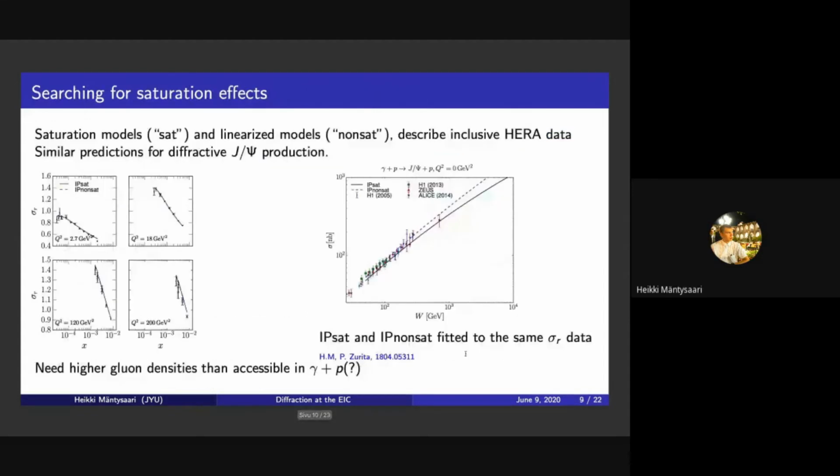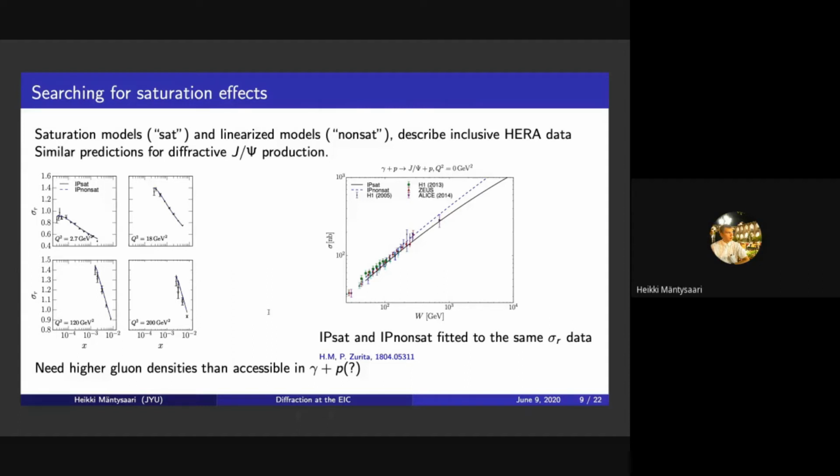Okay, so I mentioned already saturation or nonlinear effects in my title. And of course, one question that you should ask is whether we can already see effects of nonlinear dynamics from the HERA data. This turns out to be quite difficult, basically because J/psi is quite heavy. The J/psi mass squared is already quite a large scale, and it then becomes difficult to see any nonlinear effects.